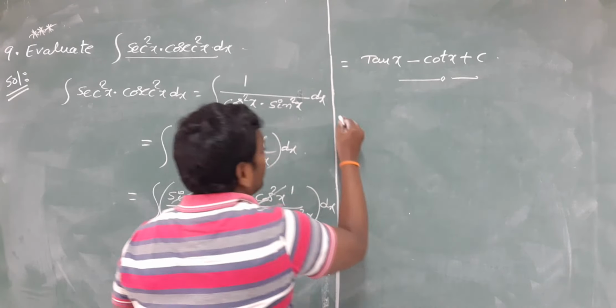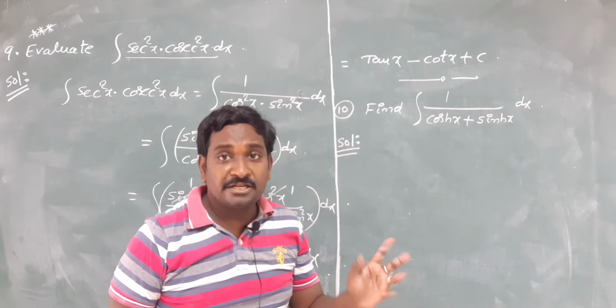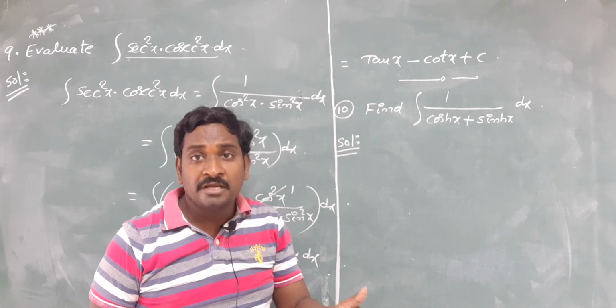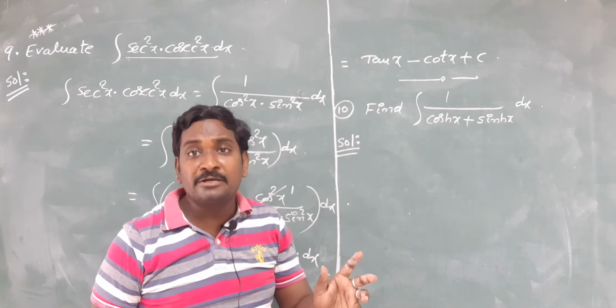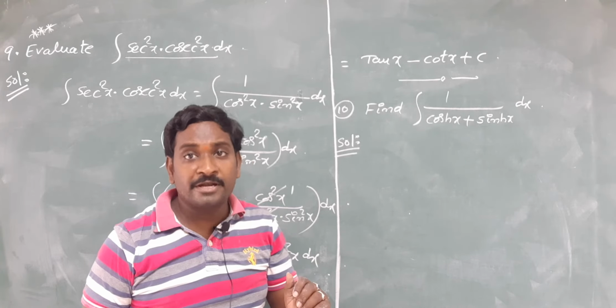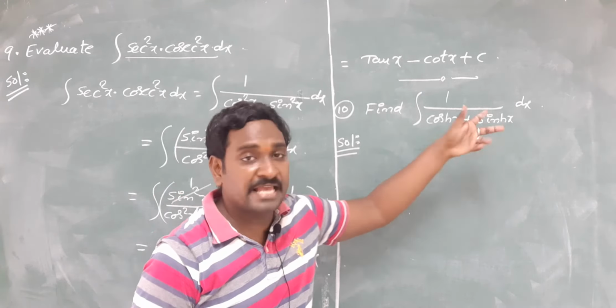See the next one. Find the integration of 1 by cos hx plus sin hx dx. In the denominator we have trigonometric terms. Whenever the denominator has only trigonometric terms, it is better to take the rationalization of the denominator. What is the rationalizing factor of the denominator? Cos hx minus sin hx.